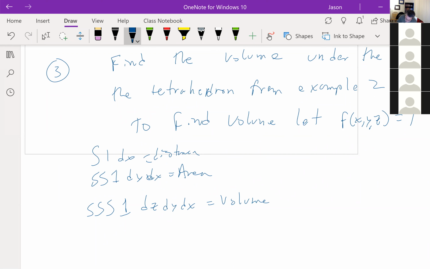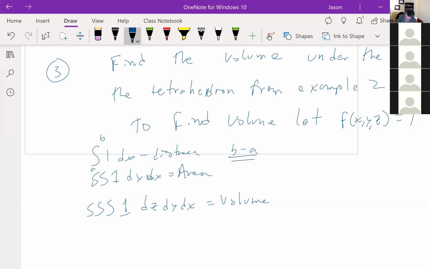Well, this gives me the distance between my x values from a to b. Wouldn't this be b minus a? That's what that becomes. What's the area here?